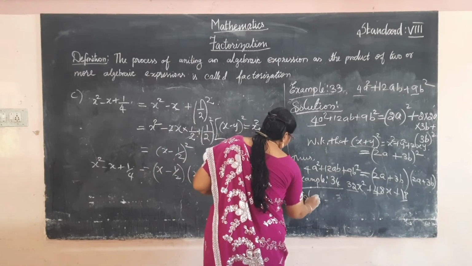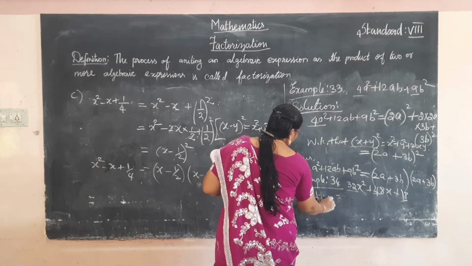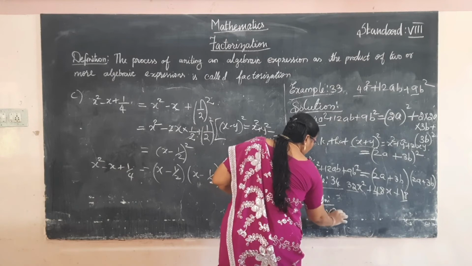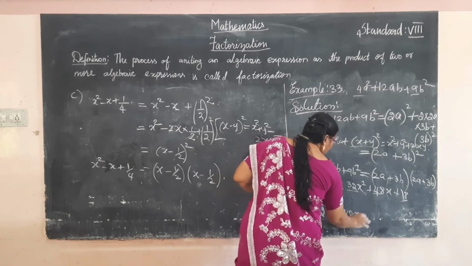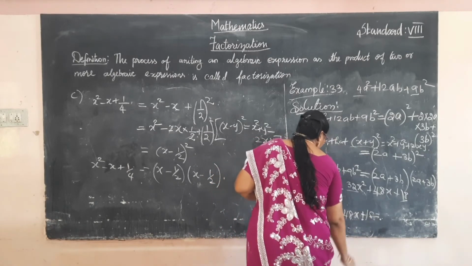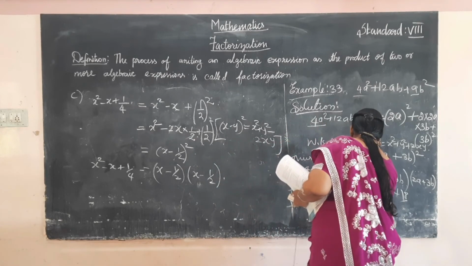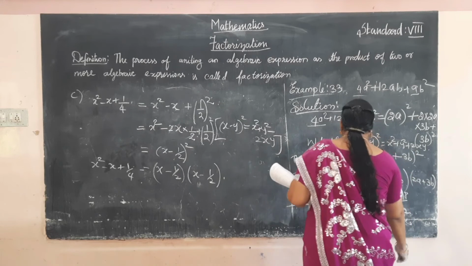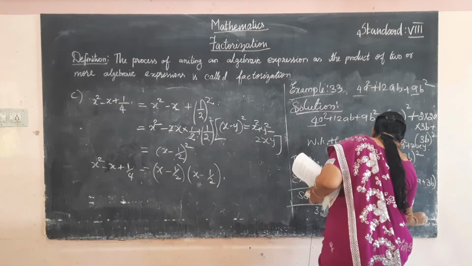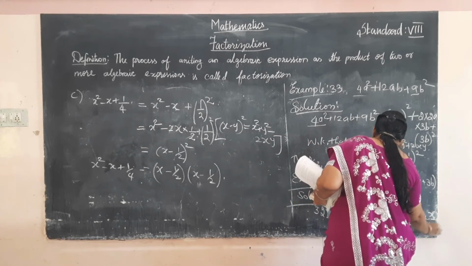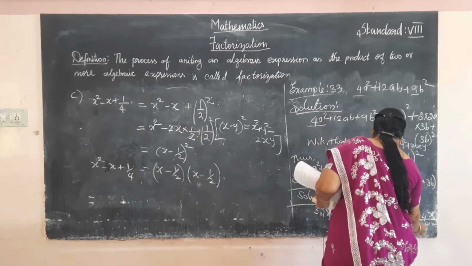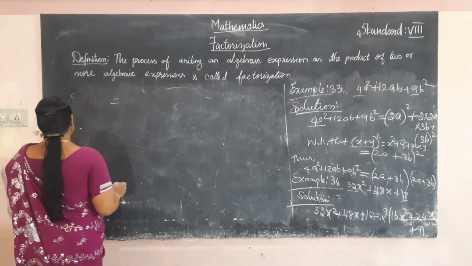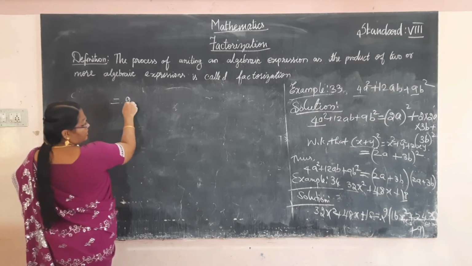Solution. Take 2 outside. First write the question: 32x squared plus 48x plus 18. Taking 2 outside, the remaining is 16x squared plus 24x plus 9, equal to 2 times that.